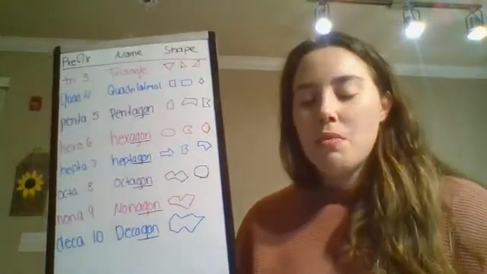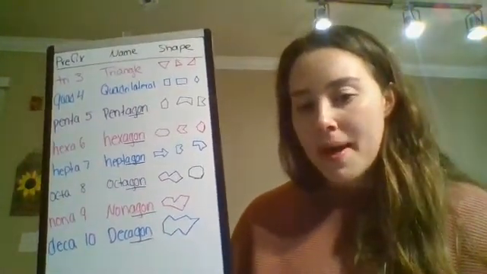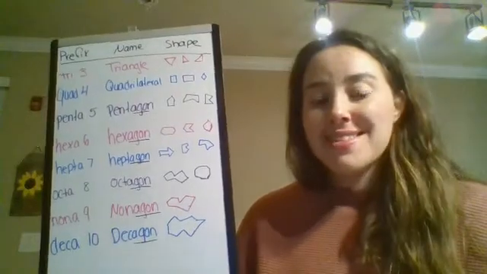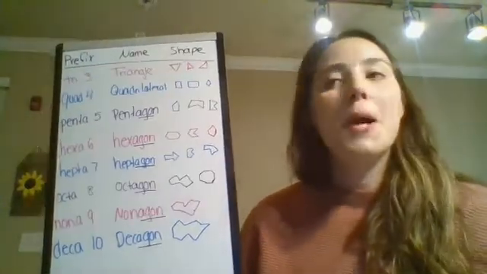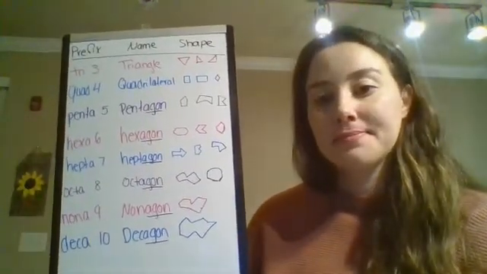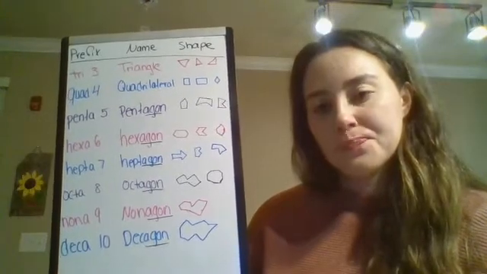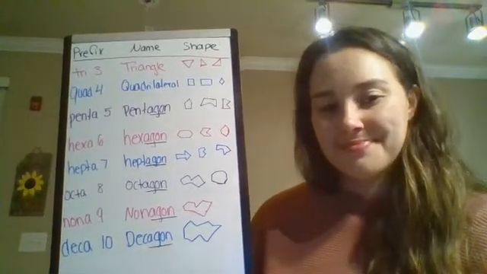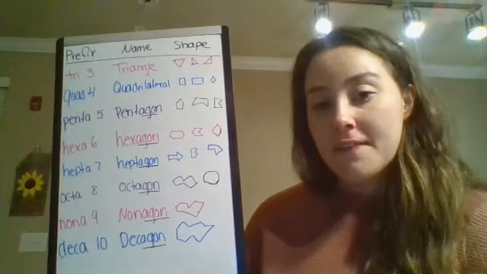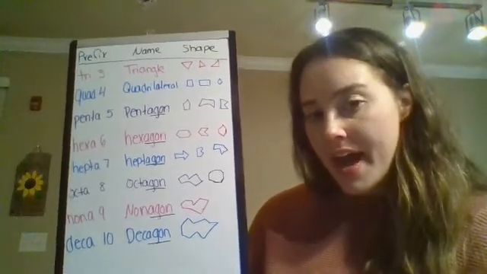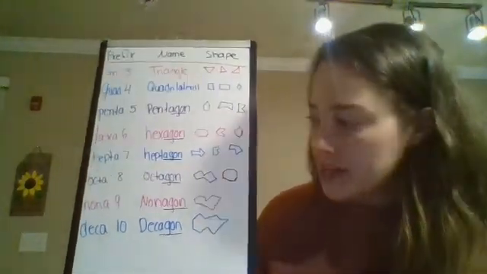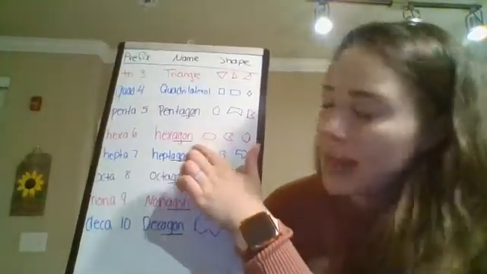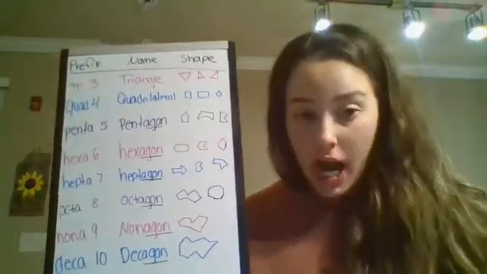I'll give you some time to think about it. A shape that has 6 sides. If you think that a shape with 6 sides is going to be called a hexagon, you are absolutely correct.